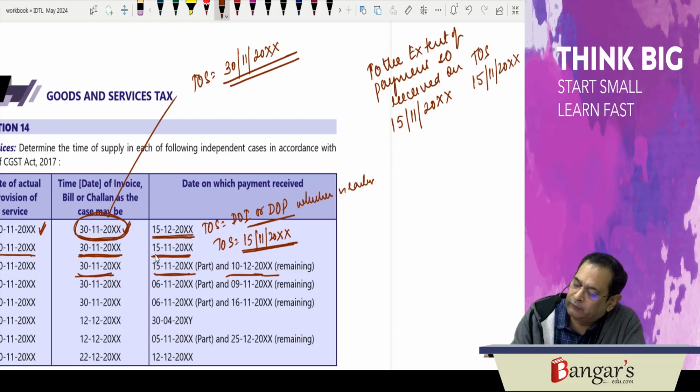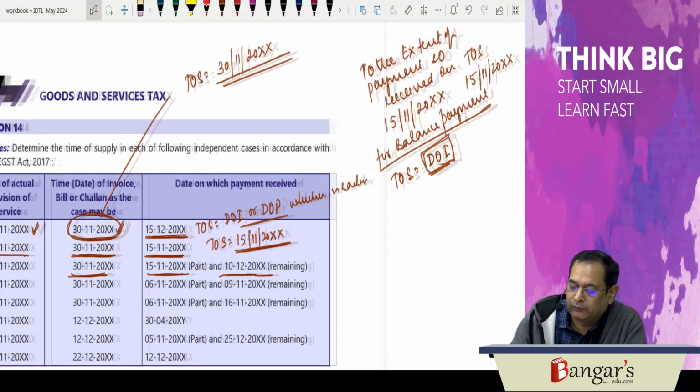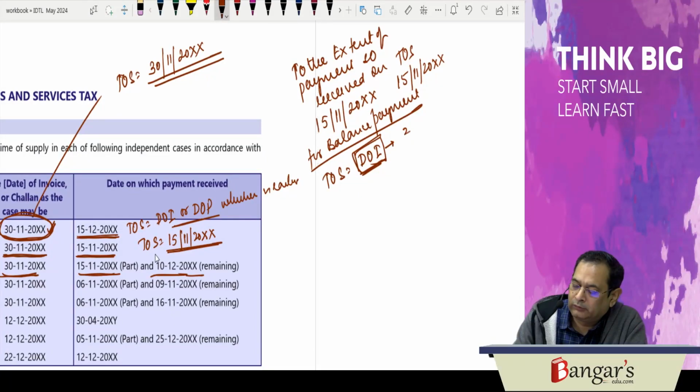And for the balance payment, time of supply will be the date of issuance of invoice, that is 30/11.